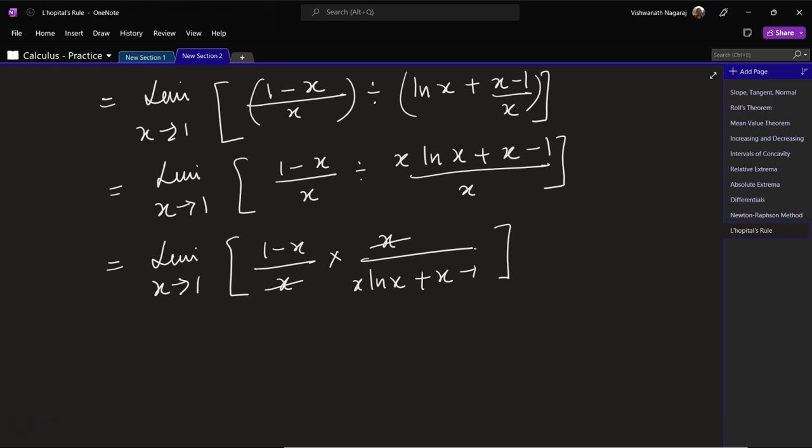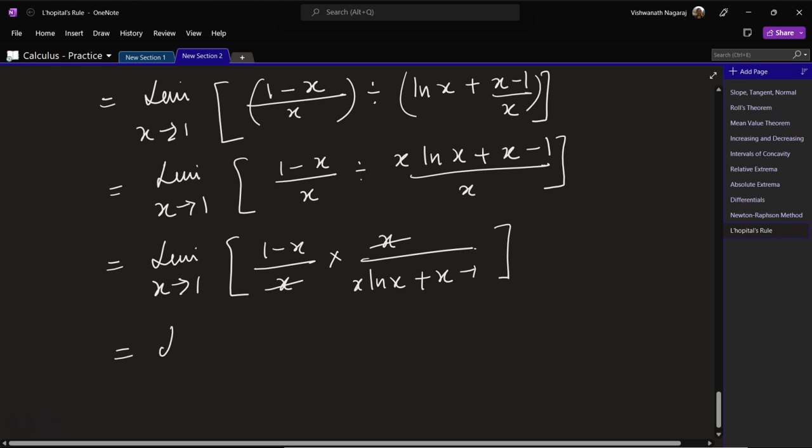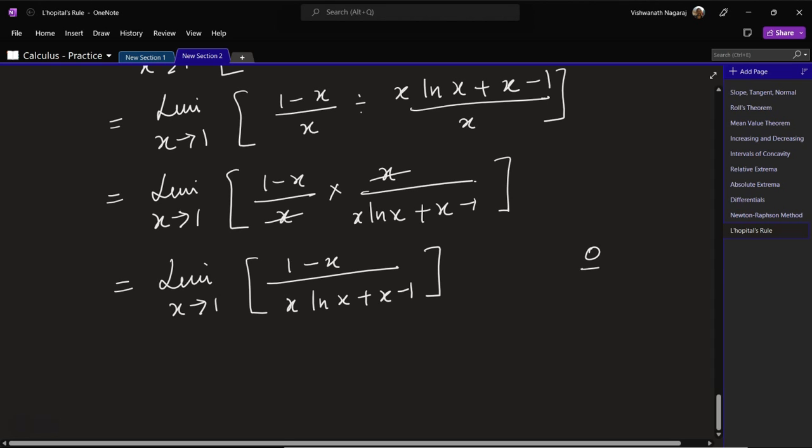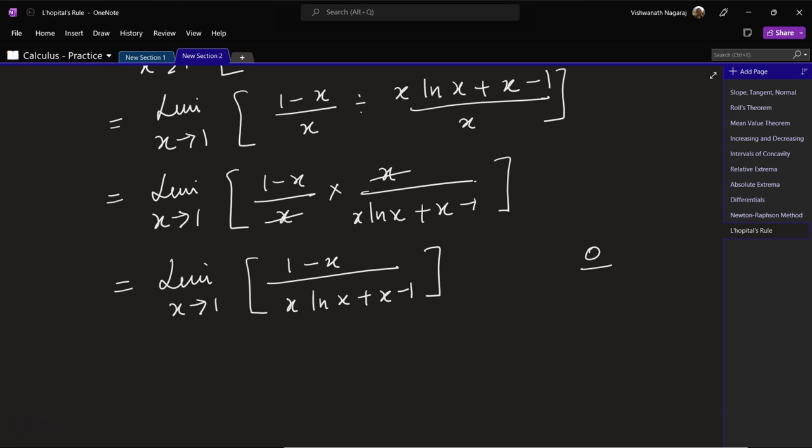So x and x get cancelled, and we end up with the limit as x approaches 1 of (1 minus x) by (x natural log of x plus x minus 1). So do the substitution. What do we get? 1 minus 1, 0 in the numerator. And here, x is 1, natural log of 1 is 0, plus 1 minus 1. So we get into this form.